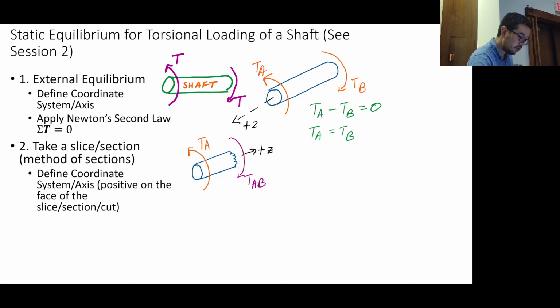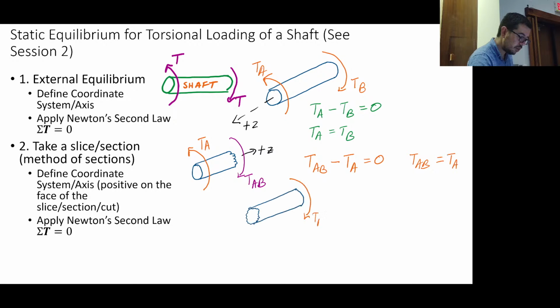So when we think about the TAB here, the torque in between A and B, I'm going to follow my right-hand rule based on not this surface, but on this surface over here. And again, we apply Newton's second law. Yes, this problem is pretty simple in that we know the internal torque is going to be equal to the external torque being applied on this side, which is equal to the external torque applied on this side.